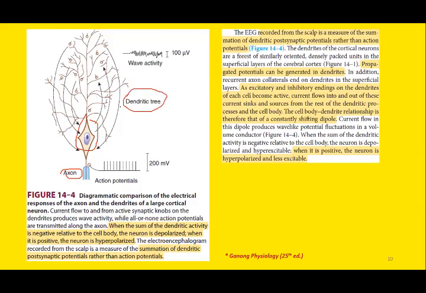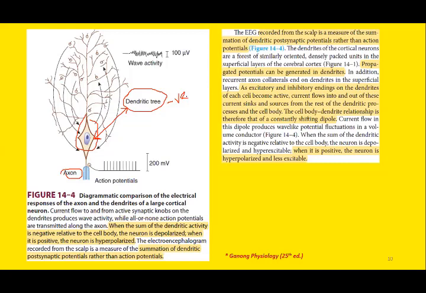So the dendrites and the cell body act as two different electric poles. That is why we can call it a dipole or a bipole. When the sum of the dendritic activity is negative as compared to the soma of the neuron, this will lead to depolarization.